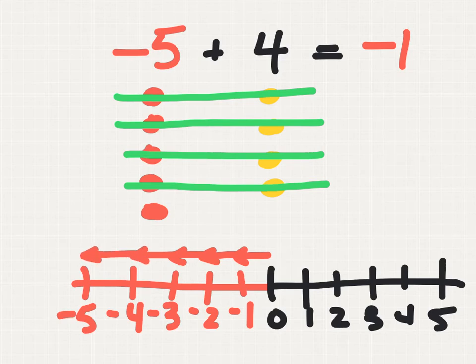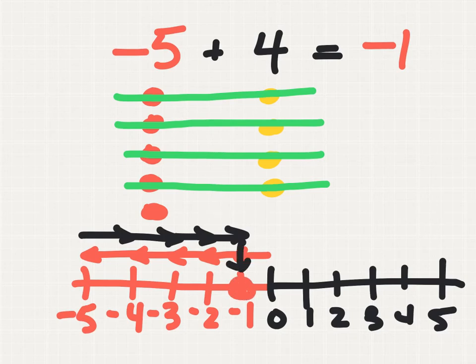And now I'm adding 4. Add typically means to go to the right, and since I'm adding positive, I'm definitely going right. So from negative 5, I'm now going right 4 steps. And once I've moved 4 steps, I realize I've landed at negative 1.